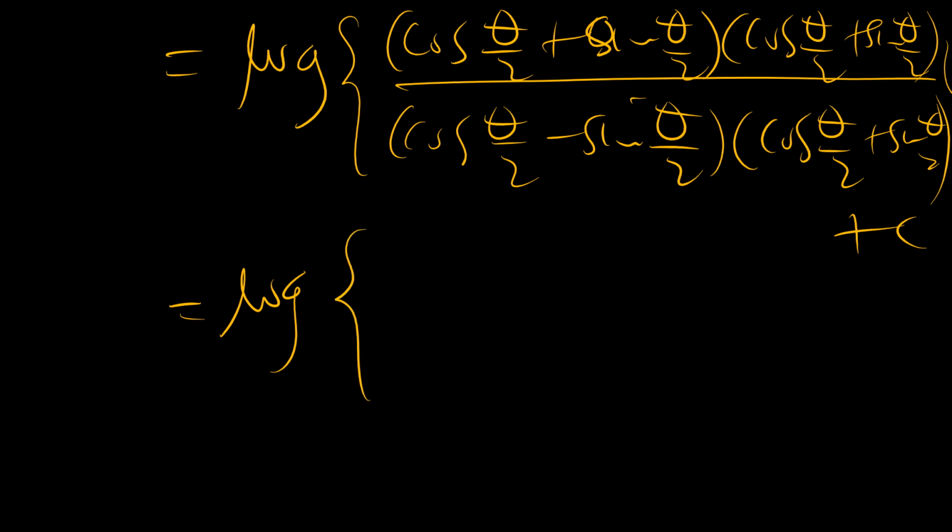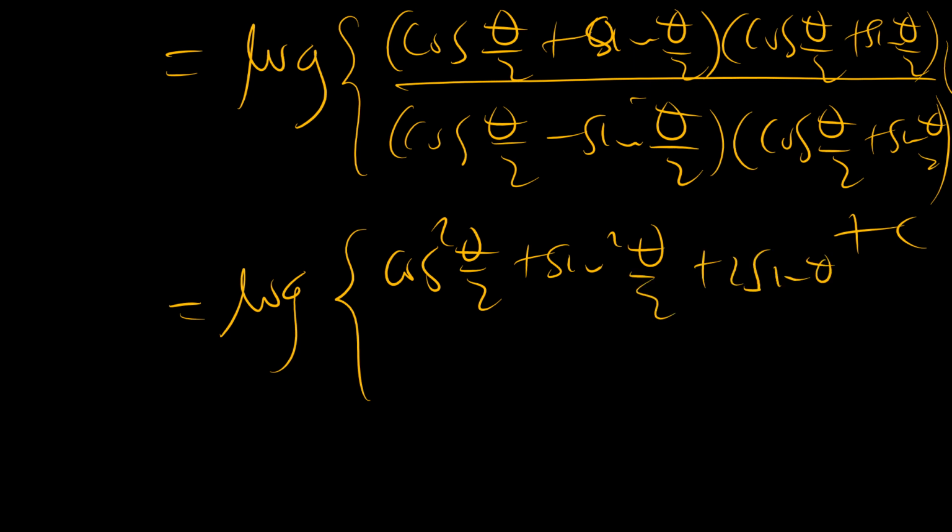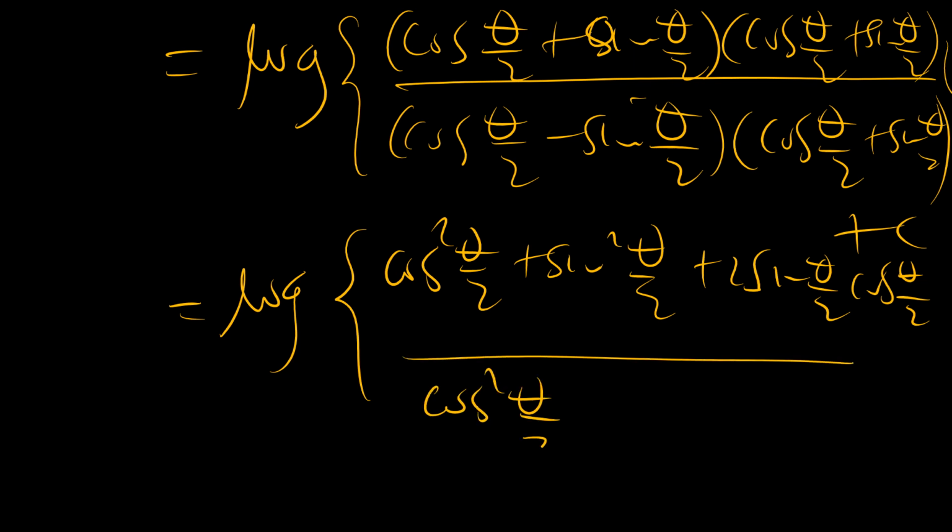which is the same as cosine square theta over 2 plus sine square theta over 2 plus 2 sine theta over 2 cosine theta over 2, over cosine square theta over 2 minus sine square theta over 2, plus c.